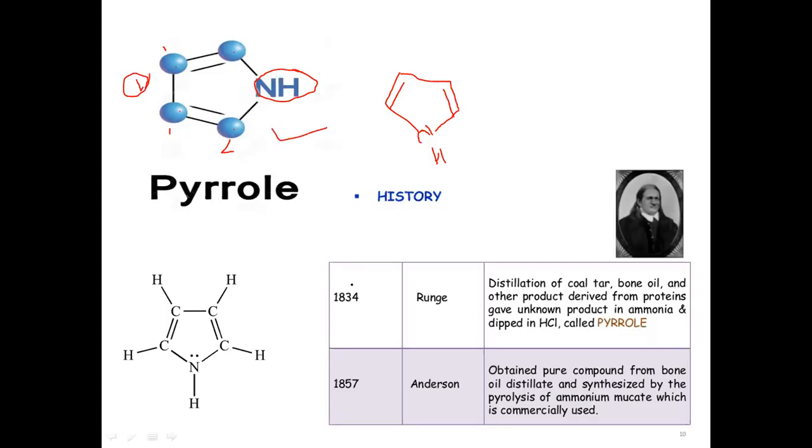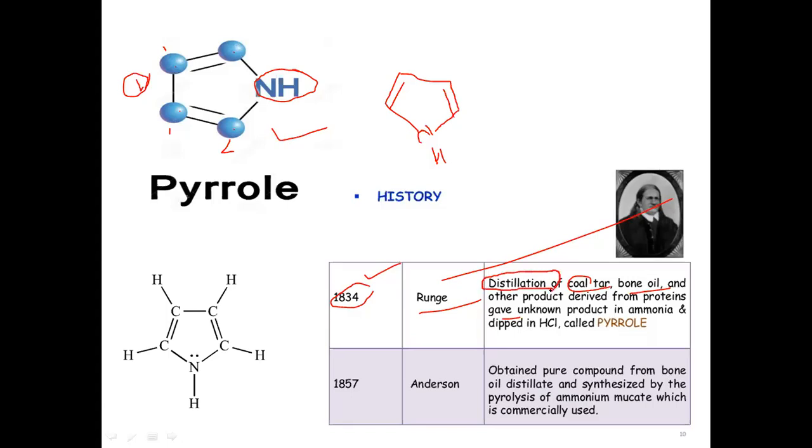Basically, pyrrole and pyridine are found in coal tar, bone oil, and other products derived from protein. It was first introduced by Runge. Runge is the name of the scientist, and in 1834, it was first distilled.